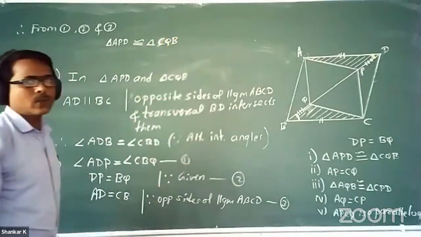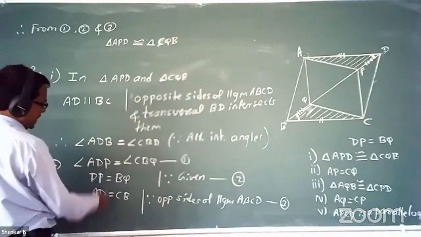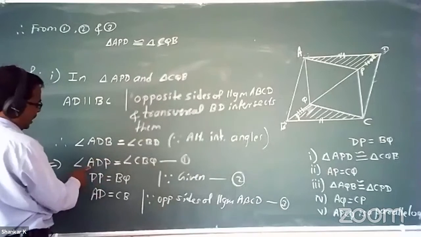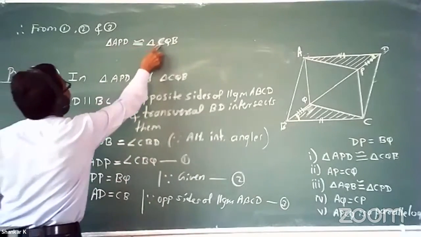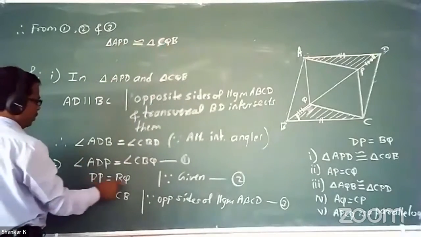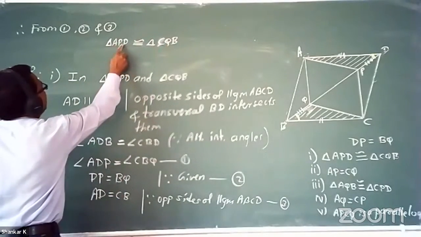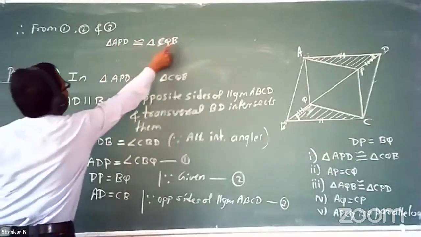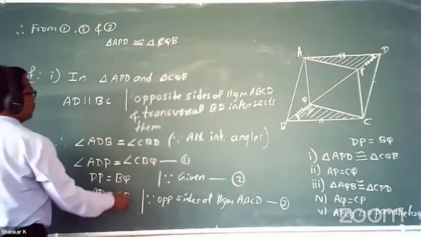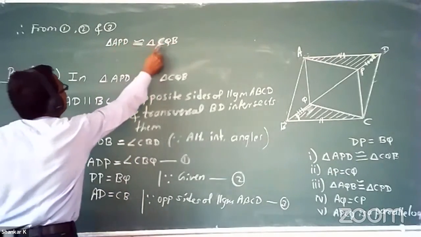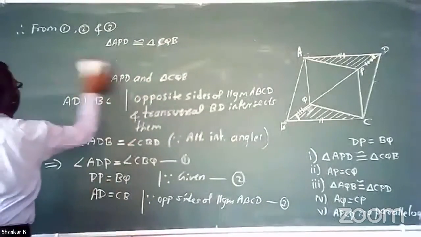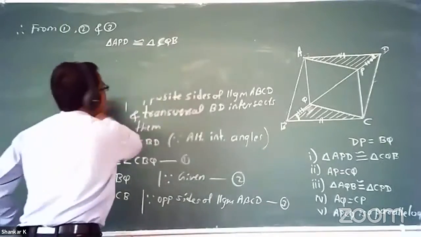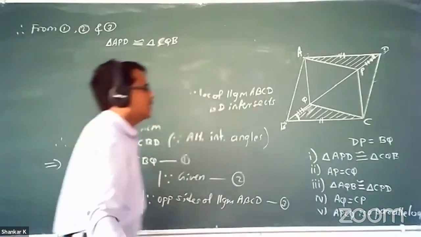After writing this, I have to check whether these satisfy or not. Here angle ADP equals angle CBQ, correct. DP equals BQ, correct. AD equals CB, correct. So then, this is the first part, it is proved. First part is proved now.